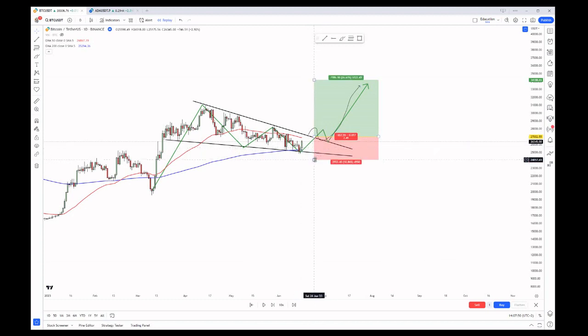So in case we do get a rigorous dump, I want my stop loss below that lower trend line, because in that case I have built in some security to always have the time to close a trade before it hits stop loss.